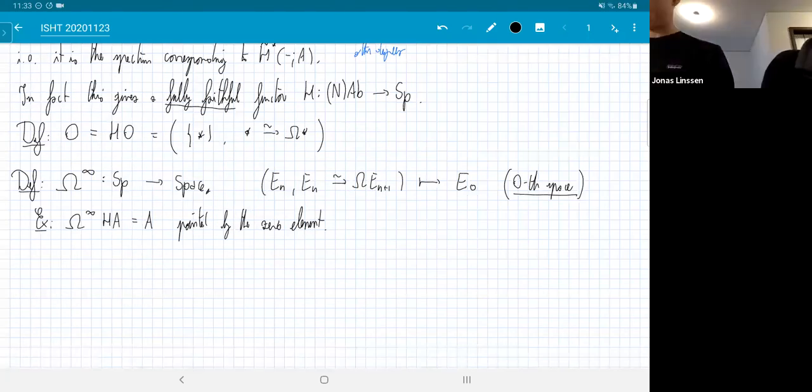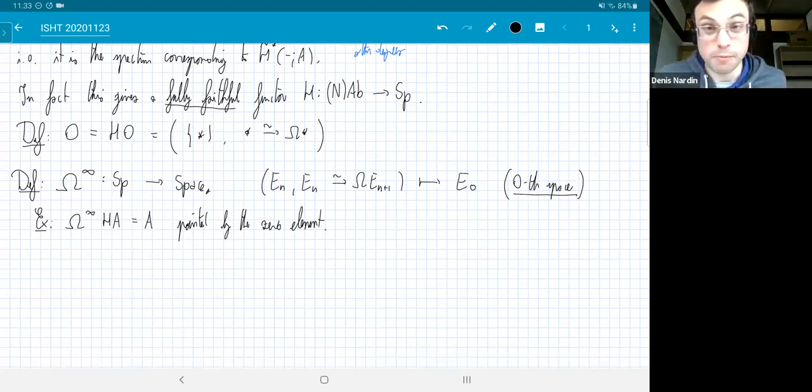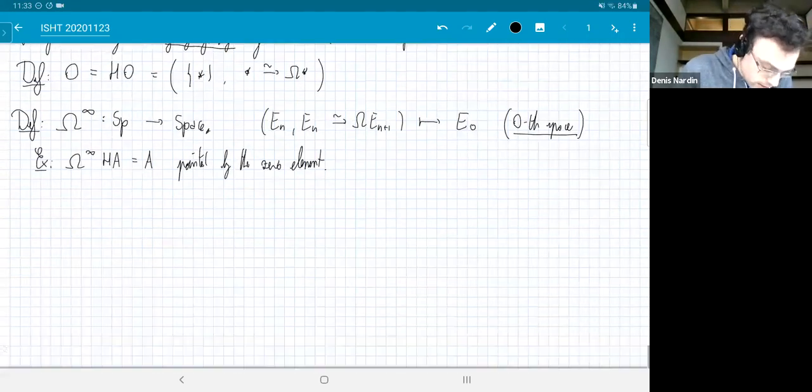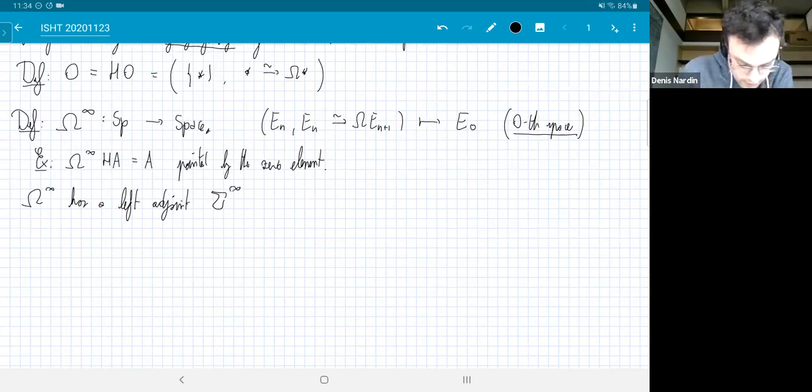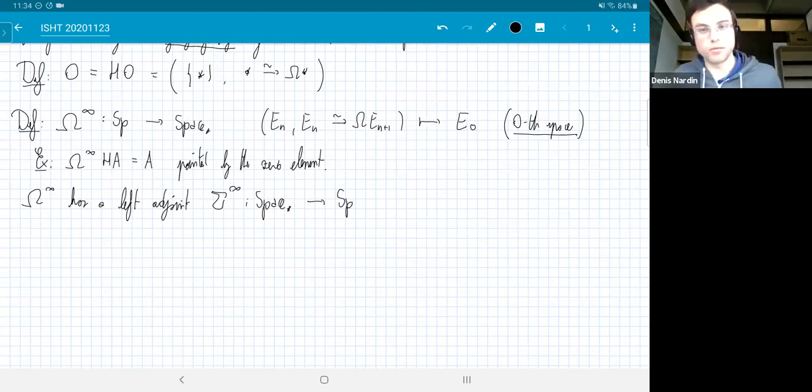Okay. Why am I introducing omega infinity when I promised you examples? Because omega infinity has a left adjoint, which is sort of like the free spectrum on the space. So omega infinity has a left adjoint, sigma infinity, going from pointed spaces to spectra, and that's the example I want to discuss now.